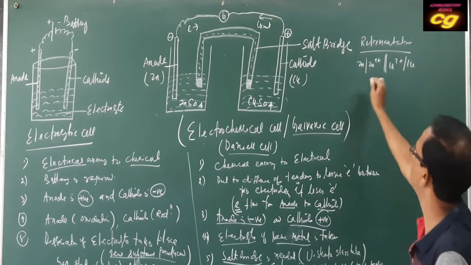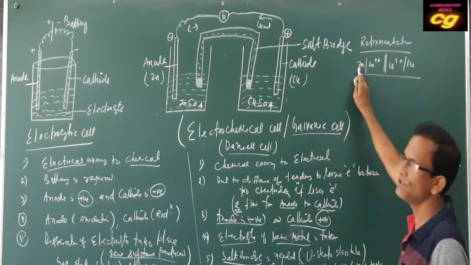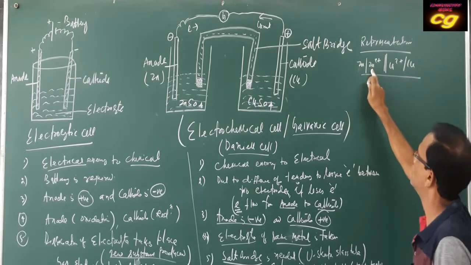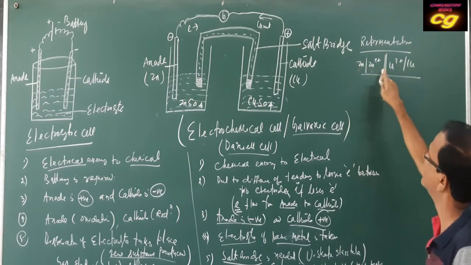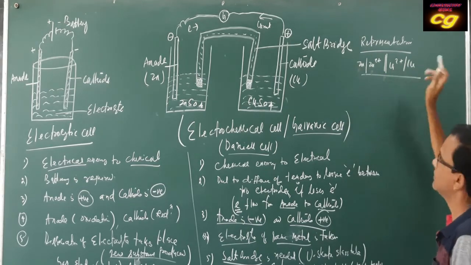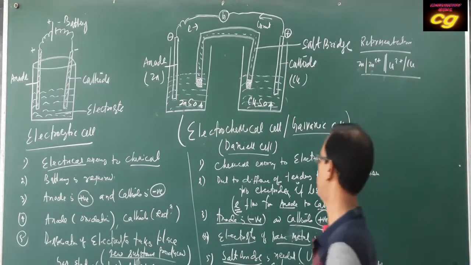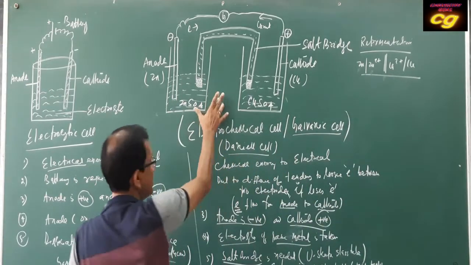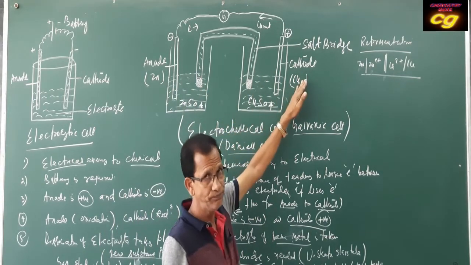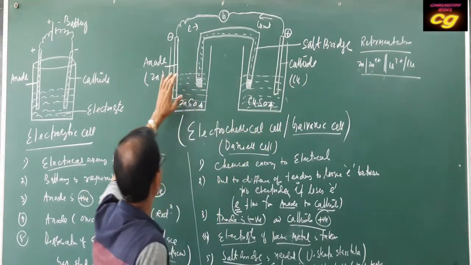First are your electrodes, then attached to that its ions, then the salt bridge, then the next electrode's ions, then the electrode. So this is the representation. This is a graphical representation. Generally, anode is on the left side and cathode is on the right side.